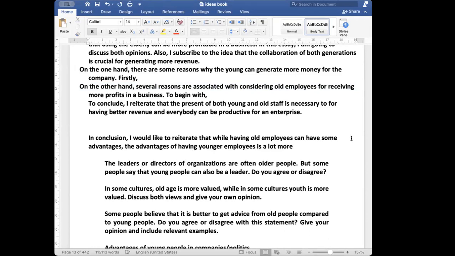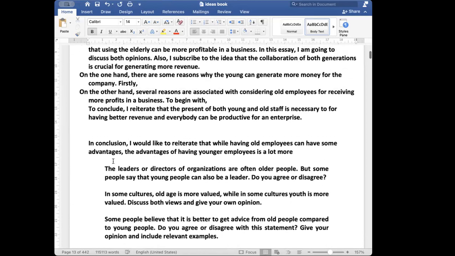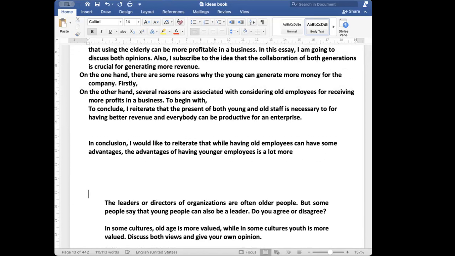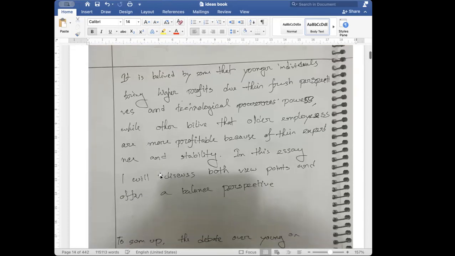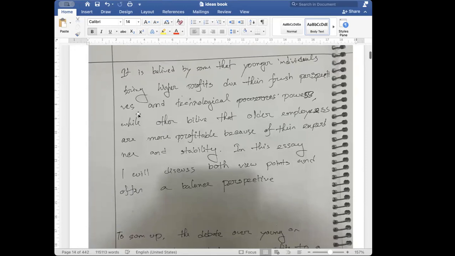Good, that's fine. Tushar has also submitted. Let's see. Okay, it is believed by some that younger individuals bring higher profits due to their fresh perspectives and technological prowess. It is not prowess, it is PROWESS.